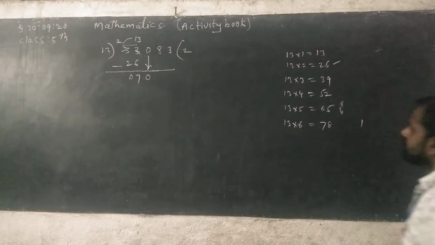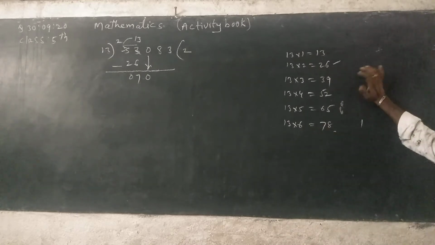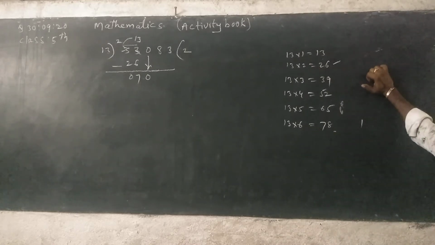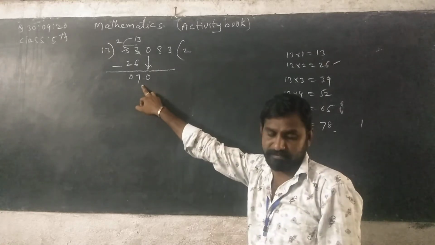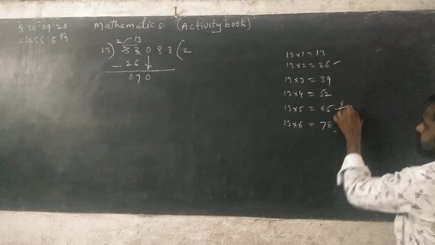So where it is possible. See here, 13 fives are 65. 13 sixes are 78, which is more than 70. Then it is not possible. 13 fives are 65, it is possible.